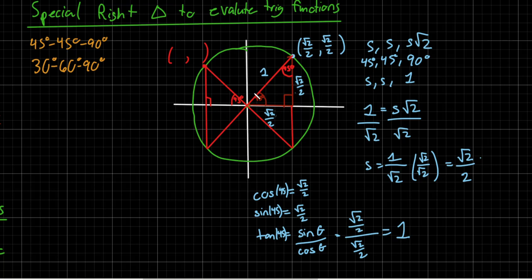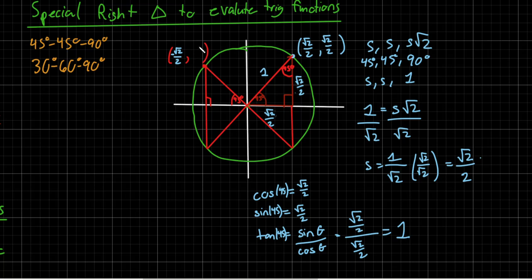So is cosine positive or negative in this quadrant? Negative. Yep. So what is cosine? Yeah, negative square root of 2 divided by 2. Great. Now, sine is what? Is sine the x or y coordinate?